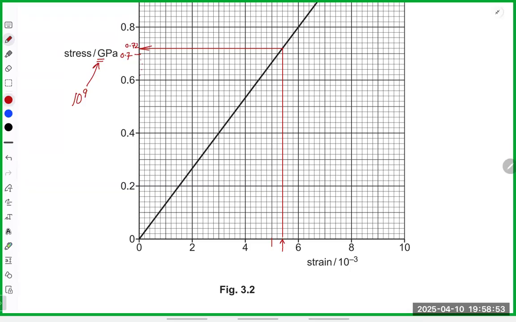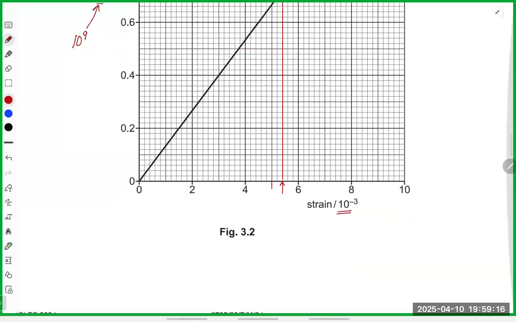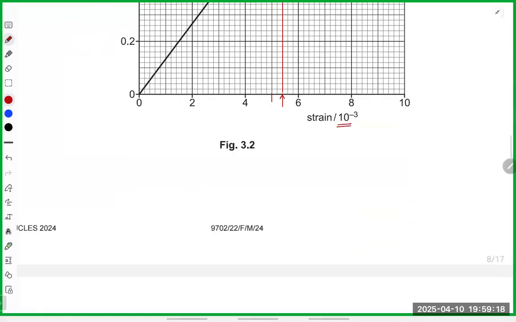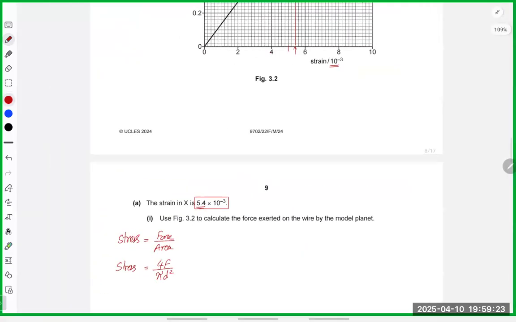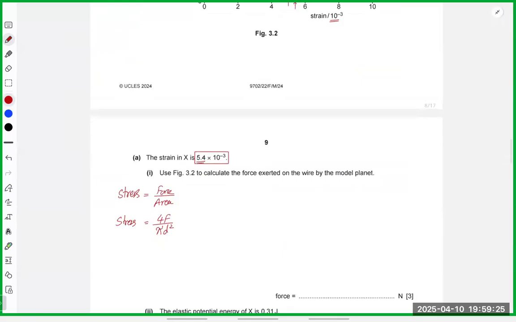So any number you pick from this axis will come with a built-in 10 to the power 9. So 0.72 is 0.72 multiplied by 10 to the power 9. So 10 to the power 9 is in everything on the y-axis, and 10 to the power minus 3 is in everything on the x-axis. So that is why I only went for 5.4, because 10 to the power minus 3 was already there.